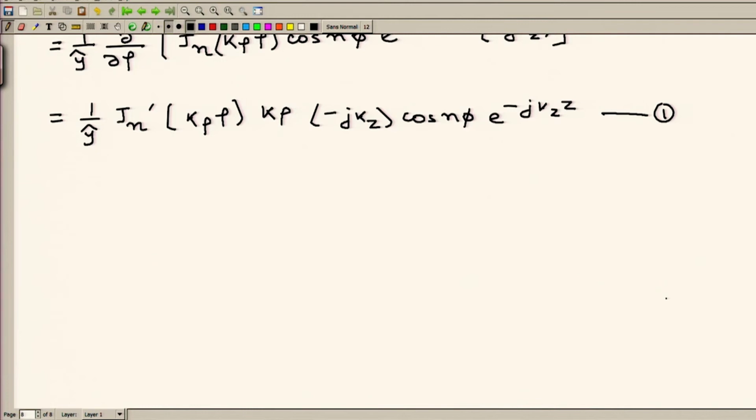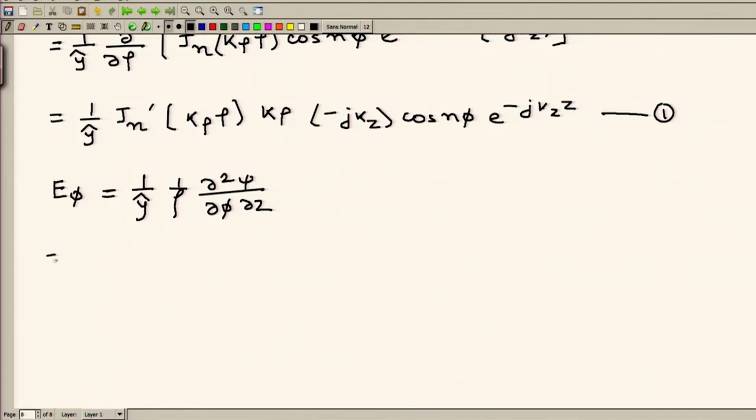Now, again E phi. We had previously for TM modes E phi as 1 upon y cap, then 1 upon rho del square psi upon del phi del z.